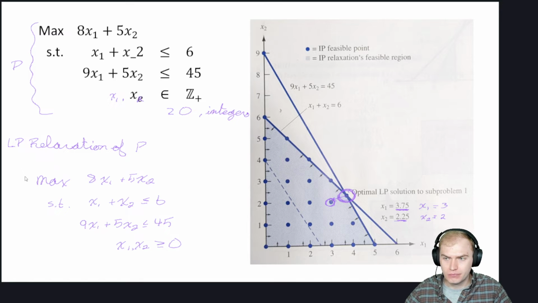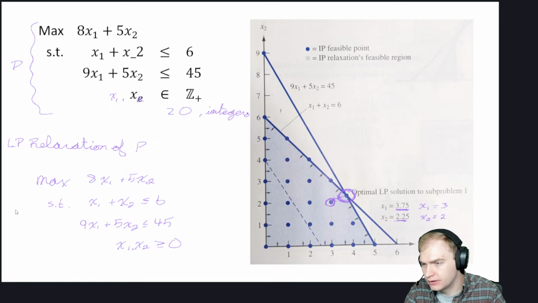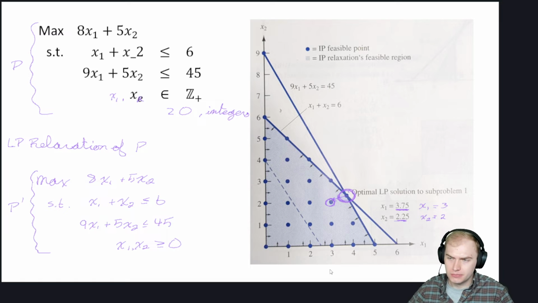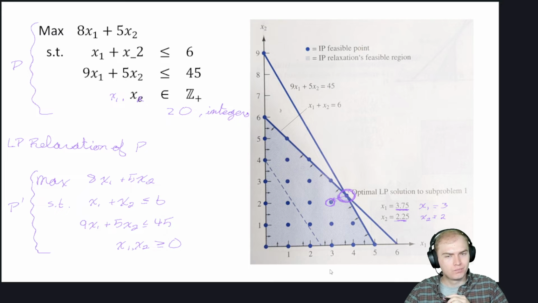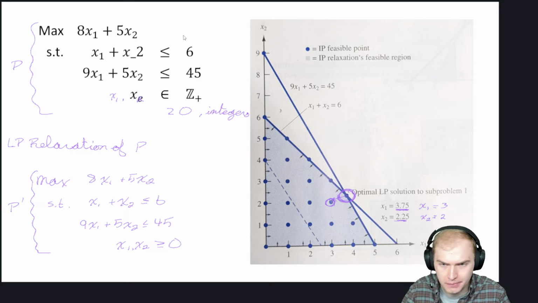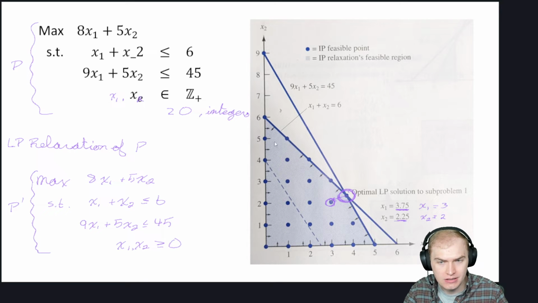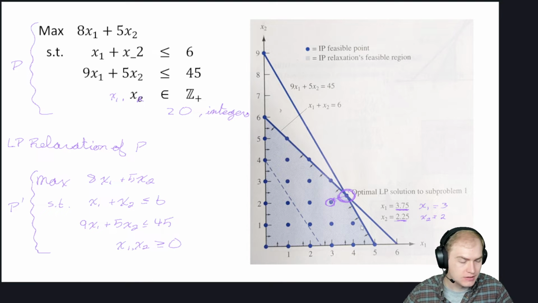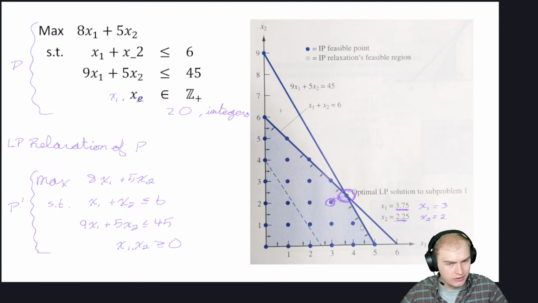Now, I'm going to call this P prime, this whole relaxation. P prime has a larger feasible region than P. If we look at our example here, the feasible region for P is just all of these lattice points, all of these integer points that are inside of the constraints.